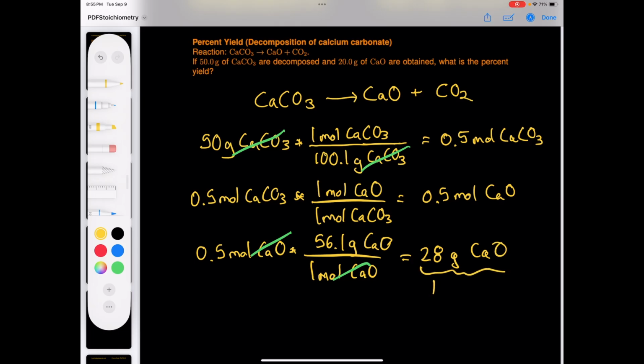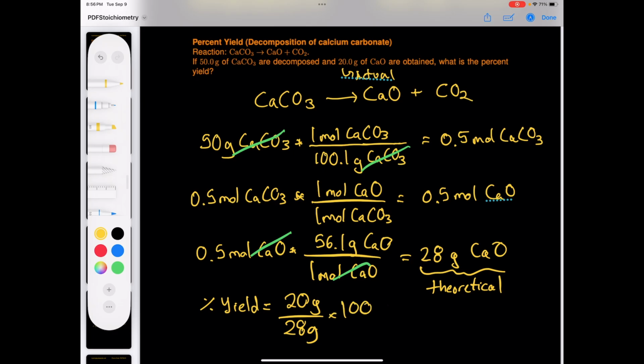So this is our theoretical quantity, right? This guy here, the 20, is the actual. Okay, so the percent yield is going to be equal to 20, which is our actual, divided by our theoretical, which is 28, right? And then multiplied by 100. And this gives me 71.4%.